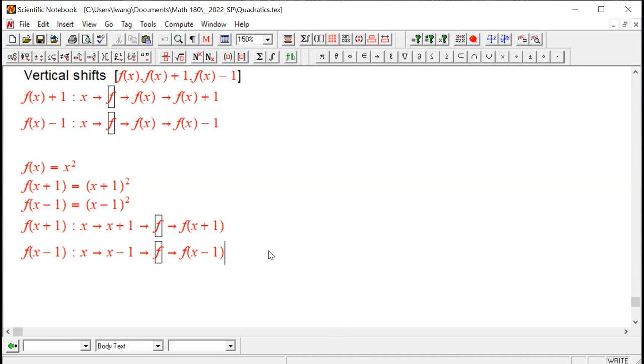They're very different. In the former case, the case of f of x equals x squared, we got x squared plus 1, right? You first square and then you do plus 1.